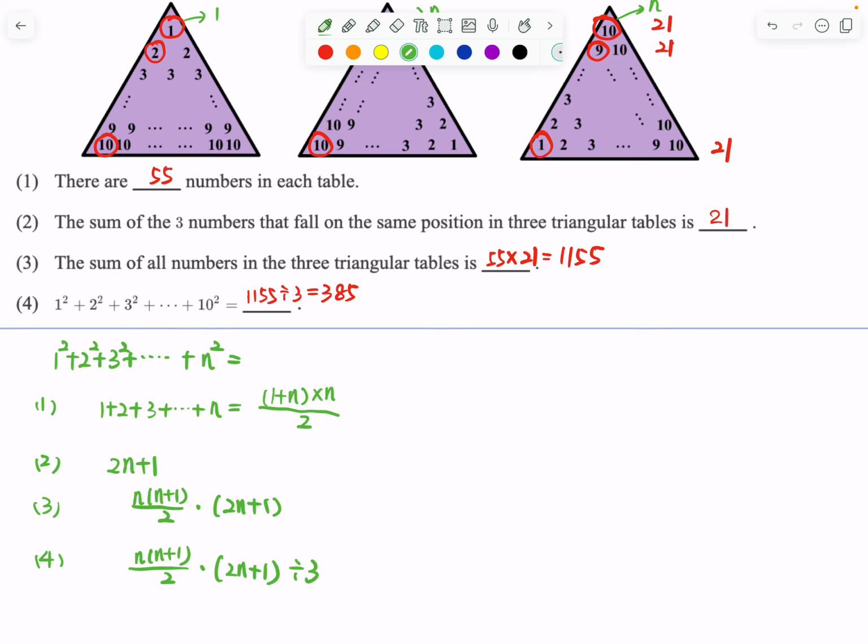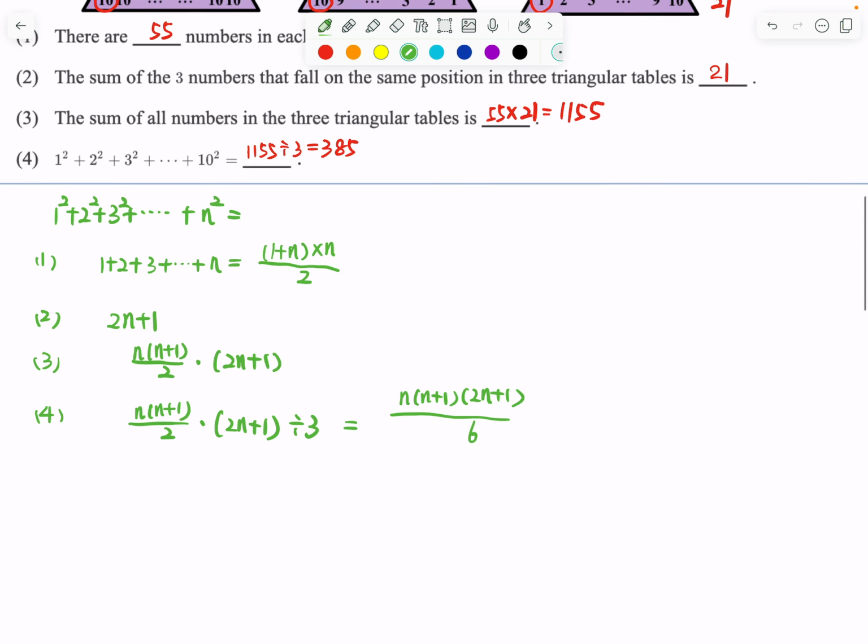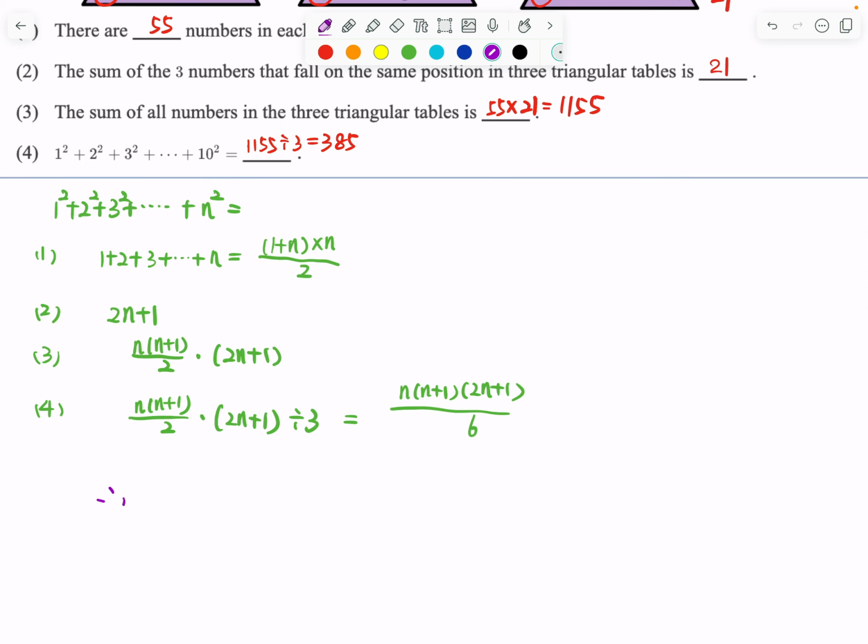So the answer should be n times n plus 1 times 2n plus 1 over 6. Now we have the conclusion. The formula for 1 squared plus 2 squared plus 3 squared and so on up to the nth term is n times n plus 1 times 2n plus 1 over 6.